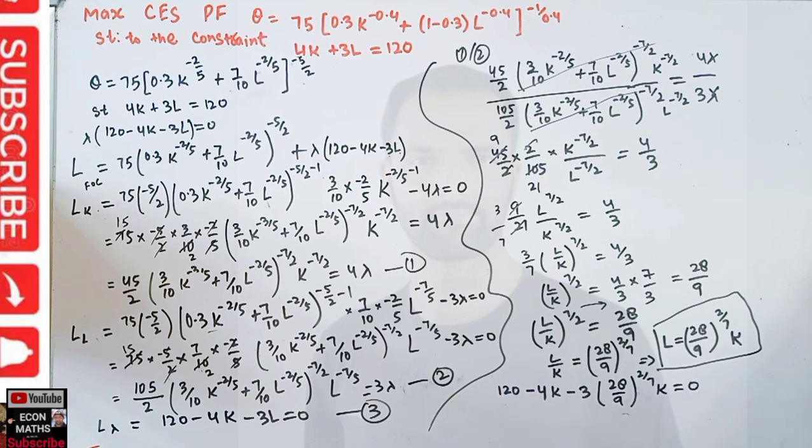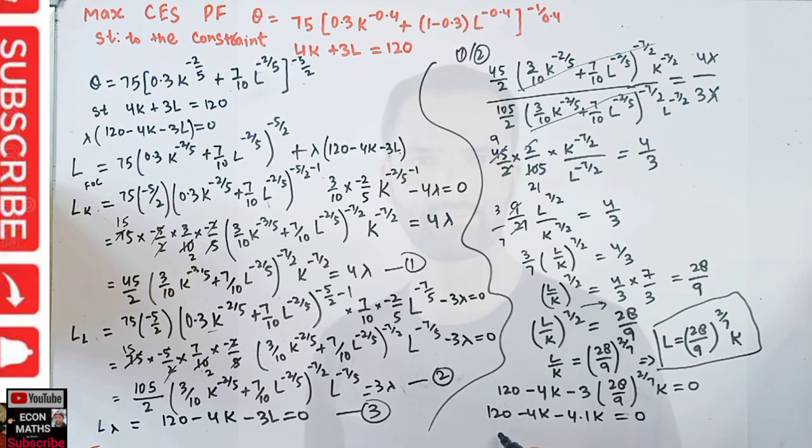Now this is 120 minus 4K. Now if we use the calculator, I have calculated, this comes out to be minus 4.1K is equal to 0.